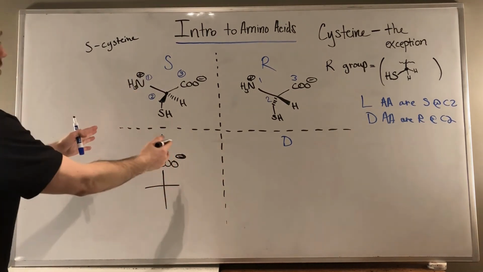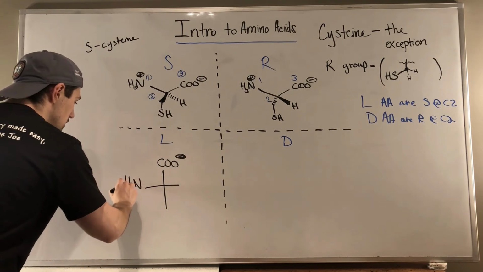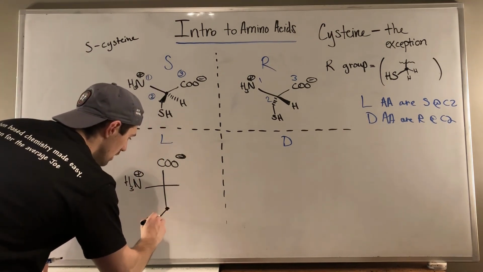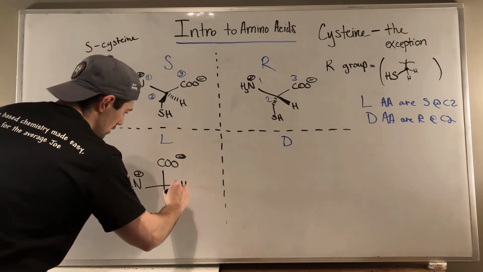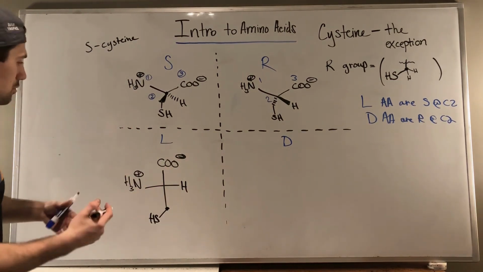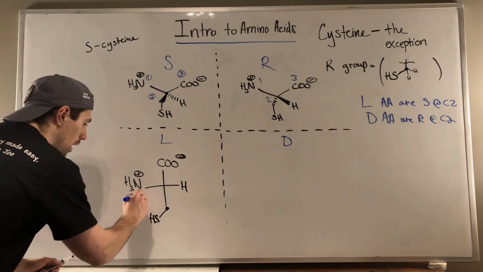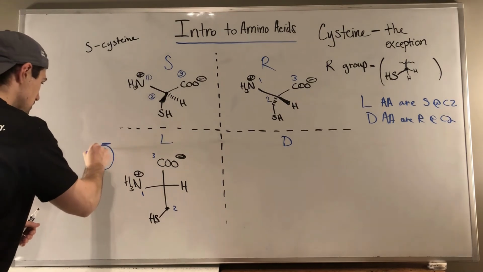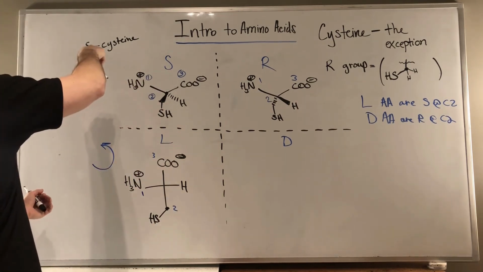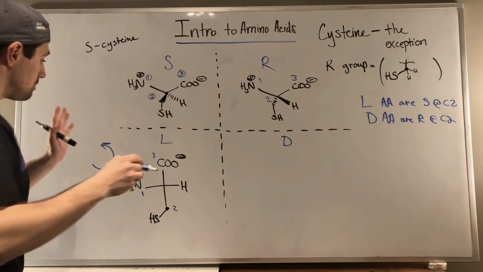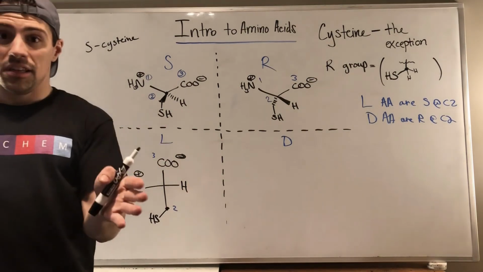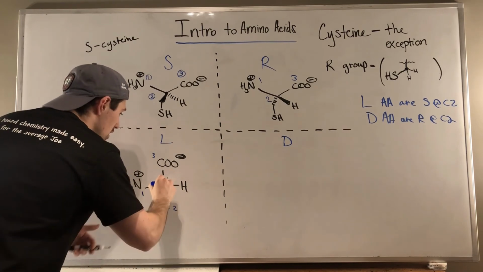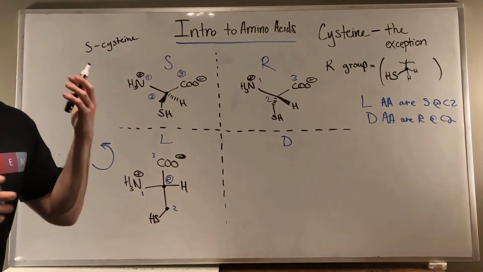We're dealing with L, so amino group is on the left, R is on the bottom. So I have a carbon, and I have my SH, and then hydrogen goes opposite of the amino group. Remember, priority goes 1, then the R group, and then this. So we're looking S, right? However, this is coming out to hug us. So we look S, but we are in fact R, which is what we expected because this is the exception.